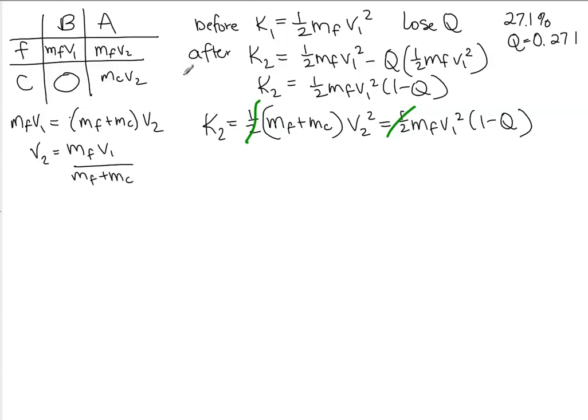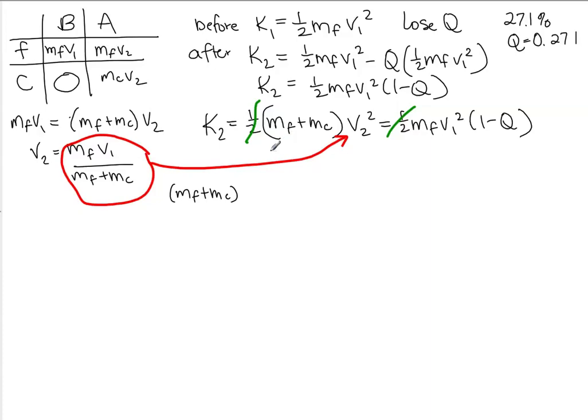I'm going to plug this in here and get this. (mf plus mc), that's this part, times this quantity squared, because that's squared, is equal to mf v1 squared times 1 minus q.